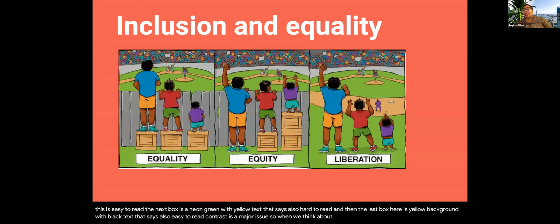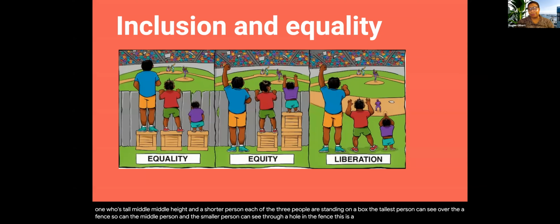So when we think about inclusion and equality, I have an illustration here and I will describe it. There are 3 people who are trying to see a baseball game. In the first image, there's one who's tall, a middle height, and a shorter person. Each of the 3 people are standing on a box. The tallest person can see over the fence, so can the middle person, and the smaller person can see through a hole in the fence.